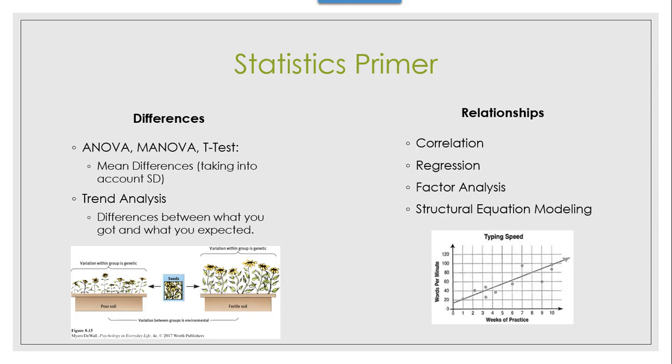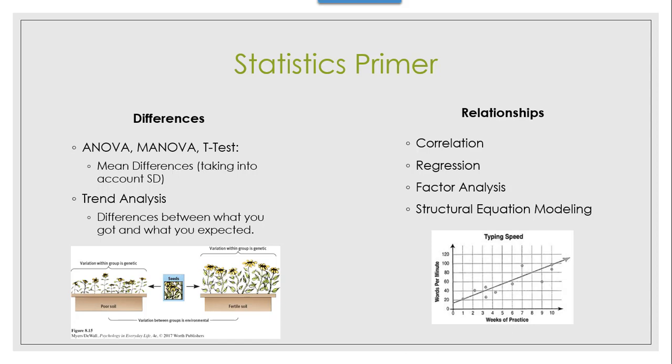So differences are one thing that we evaluate, and if you see those kinds of stats, people are evaluating differences. Whereas relationships, where you're looking at whether, if one changes, the other one changes, are going to be correlations, regression, factor analysis, or structural equation modeling. Those are all measuring whether A is related to B.